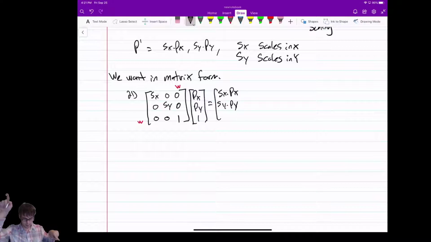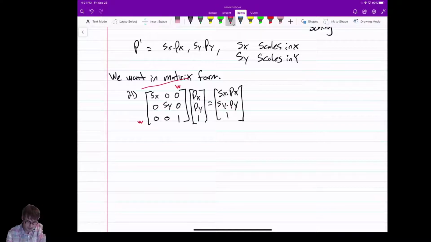And the bottom one's going to be 0 times px, 0 times py, 1 times w, or just 1. And so we end up with the same. Okay, so that's it. If we want to scale, here's our scale matrix. How cool is that? We can apply that to any vertex, and it'll scale it the way that we want.